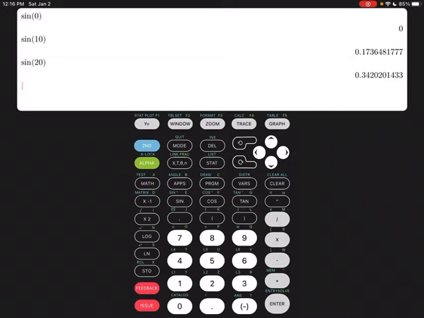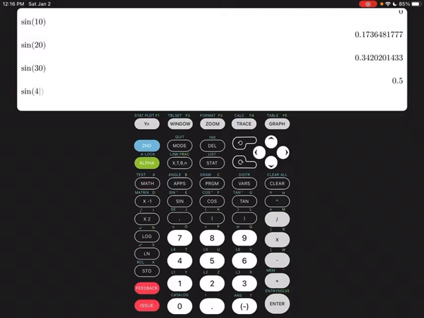I'm going to find the sine of 20, the sine of 30, which is 0.5 or 1/2, the sine of 40, 0.6427, the sine of 50, 0.7660, the sine of 60, 0.8660, the sine of 70, 0.9396, the sine of 80, 0.9848, and the sine of 90. That's where we're going to stop. The sine of 90 is 1.